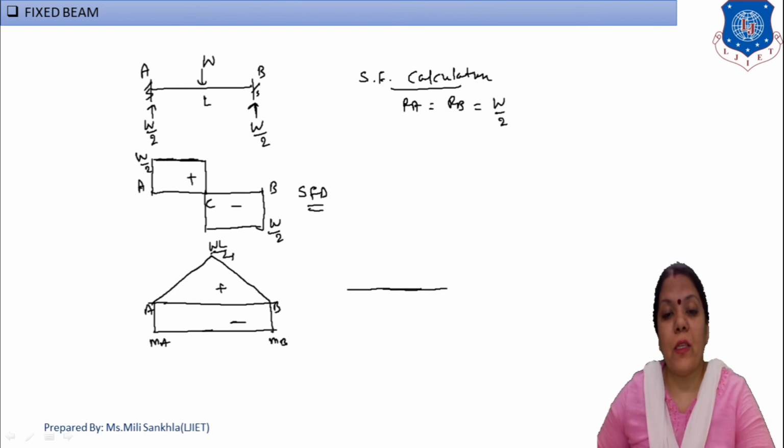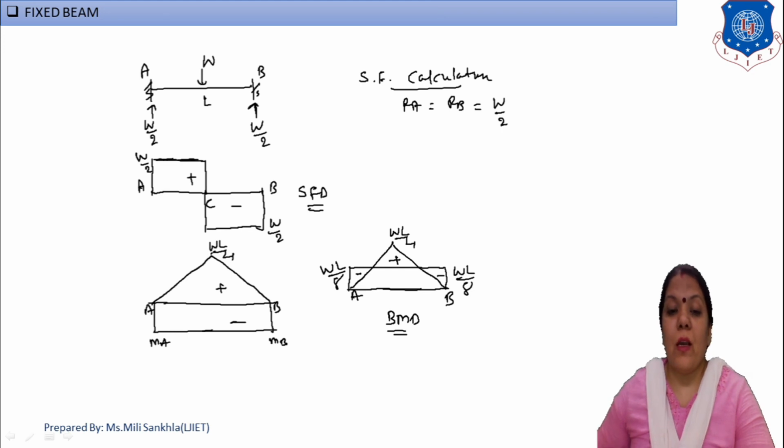I superimpose this diagram this way. Height is equal to WL by 4, this is A point, this is B point, and this value we recently found, WL by 8, WL by 8. This is my BMD.